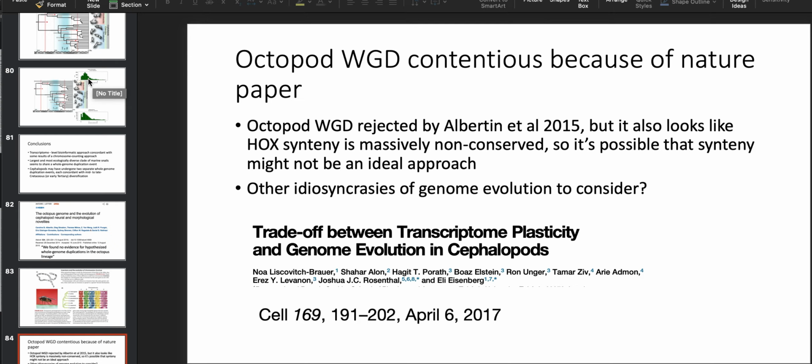So the octopod whole genome duplication event is really up in the air right now, and it's an interesting part of doing science, that sometimes you find a result that seems to be inconsistent with what other people are finding, and it's not immediately clear what the actual truth is.